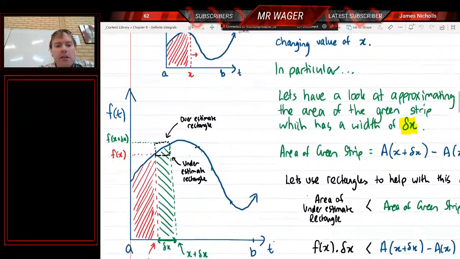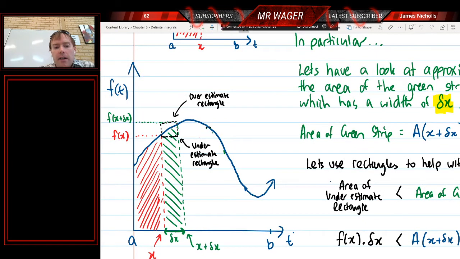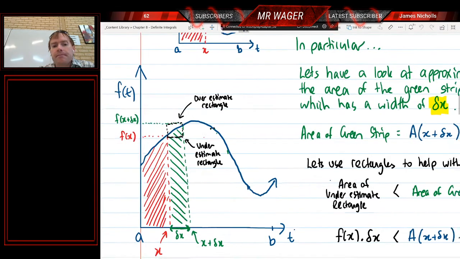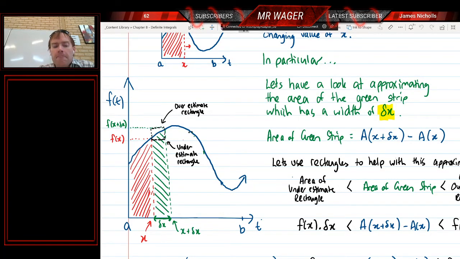If we were to split that red section up and draw a green rectangle, we can look at the rate at which the area is changing just in this section alone. So the width of the green rectangle is delta x, which is how much x is changing across the horizontal axis.